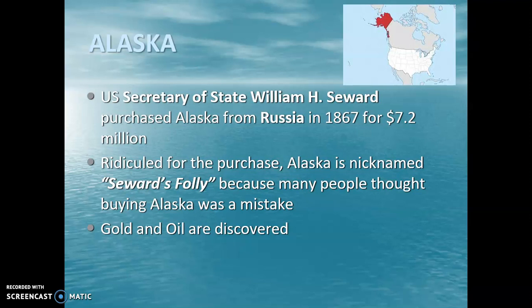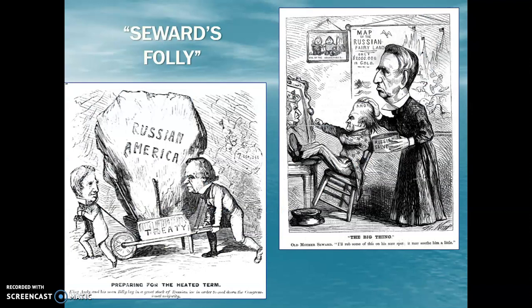They start to go, well, maybe William Seward wasn't so crazy for wanting to buy a place like Alaska, even though he got ridiculed for it, and it earns the nickname Seward's Folly. Eventually people go, well, you know what, maybe that wasn't such a bad idea. Then later on it becomes a state in 1959.